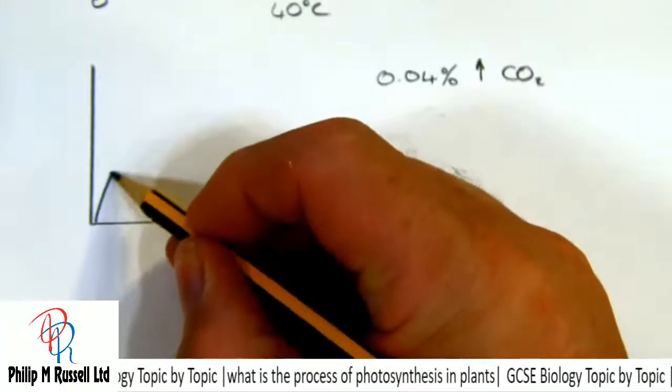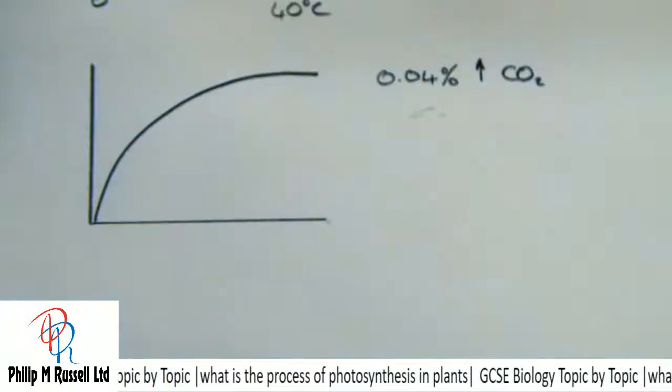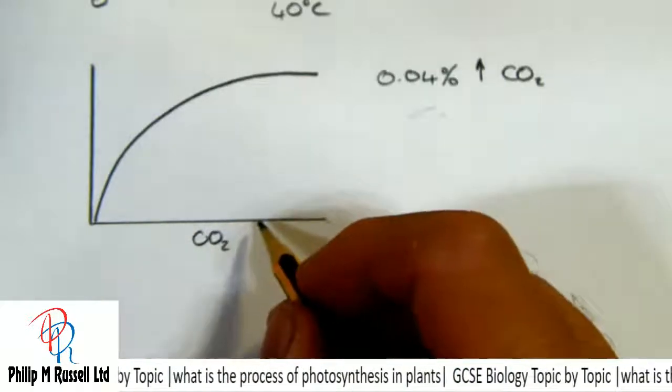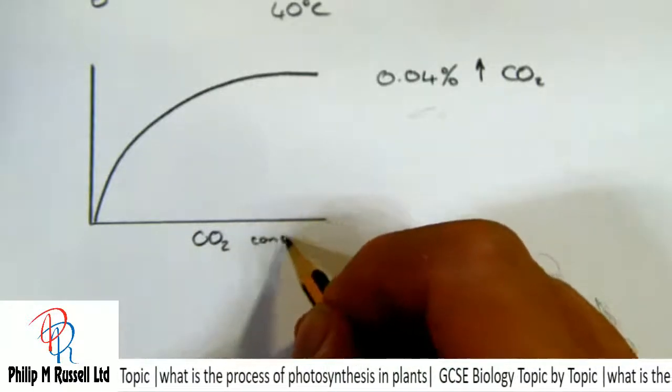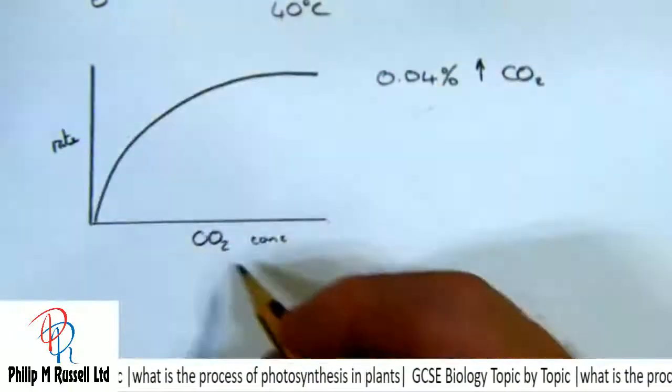That gives me a graph again very similar to the light intensity one, with CO2 concentration and again my rate of photosynthesis.